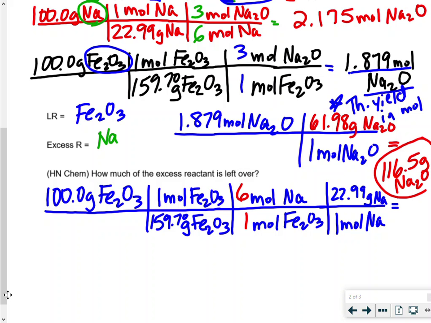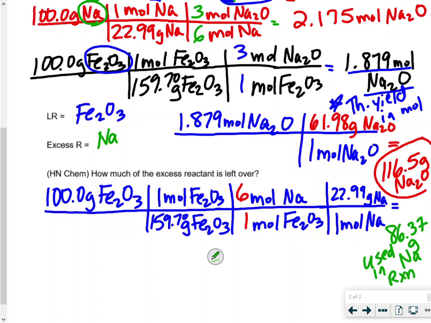This is what gets used up in the reaction. So how much gets used? Let's calculate that. We get 86.37 grams of sodium. This is how much is used in the reaction.